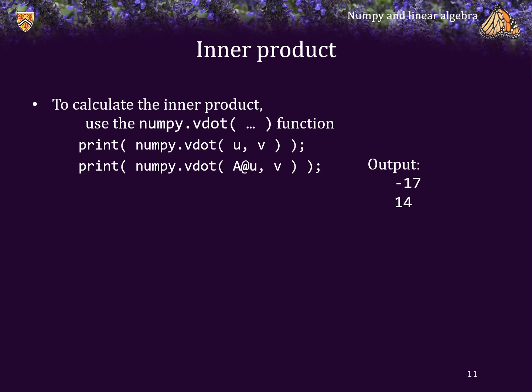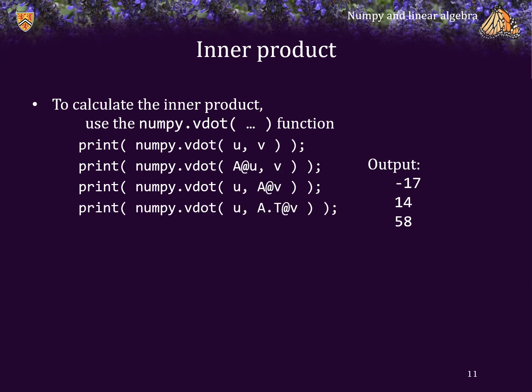Now, A was not symmetric, therefore it's not self-adjoint, and so if we bring A to the other side, then we get a different result when we calculate that inner product. If we want the same result, we must multiply the vector v by the transpose of A, as the transpose is the adjoint of the 3×3 matrix A. So that, again, equals 14.